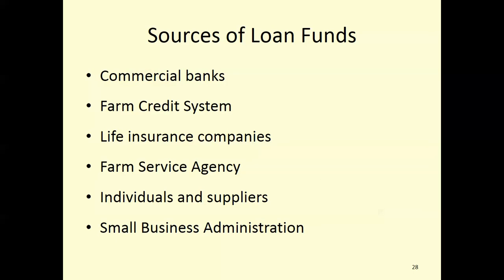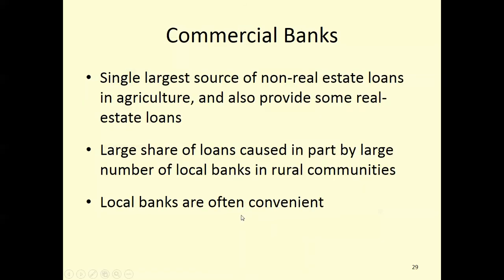So again, where can we borrow money from? Commercial banks, farm credit system, life insurance companies, farm service agency, individuals and suppliers, and small business administration. Commercial banks are the largest source of non-real estate loans in agriculture and also provide some real estate loans.